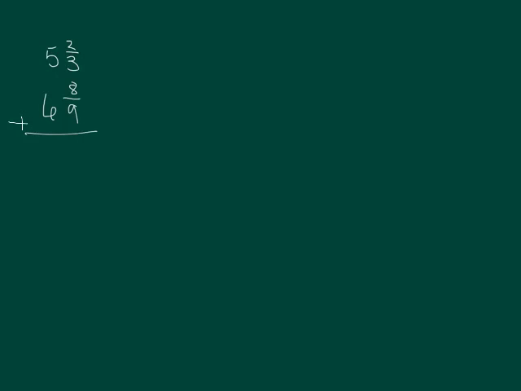Our common denominator is 9, so we had to multiply the top and bottom by 3 to get 6 over 9. So 5 and 2/3 is the same as 5 and 6/9. And since the common denominator is 9, we don't have to do anything to the 8/9, because that's already a 9.